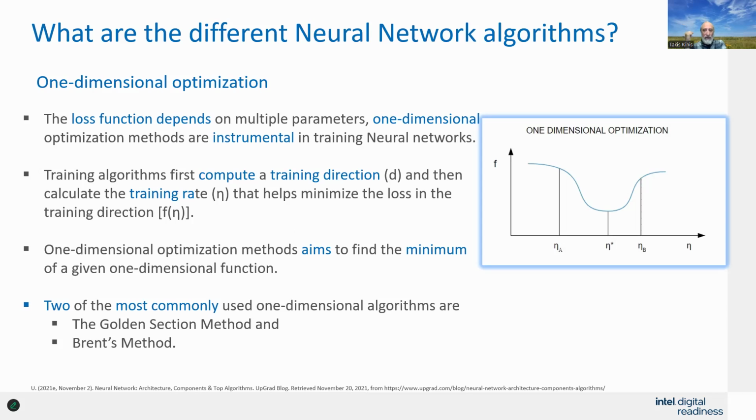So in one-dimensional optimization, it says that we depend on multiple parameters, and these are very, very important, right? I mentioned that this is one of the more important approaches. We start by first having kind of like a direction in mind. For example, if I'm driving from New York to LA, I'm not going to drive east, right?